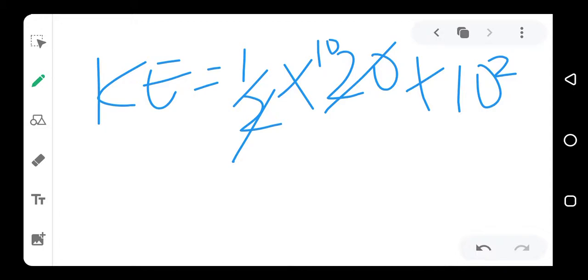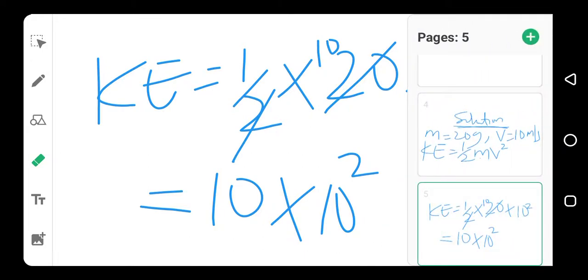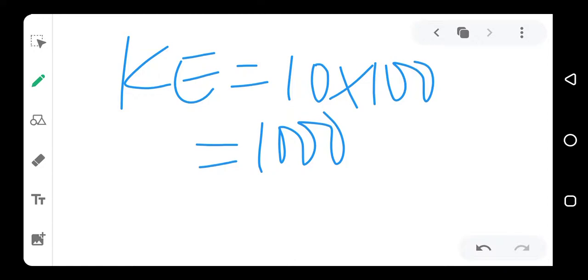That is v squared. So we now have 10 times 10 raised to power 2. Therefore, our kinetic energy Ke is now equal to 10 times 10 raised to power 2, which is equal to 10 times 100, which is equal to 1000. And the unit of energy is joules. So we have 1000 joules.